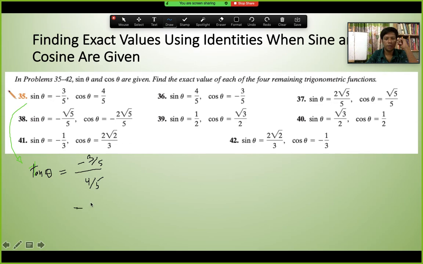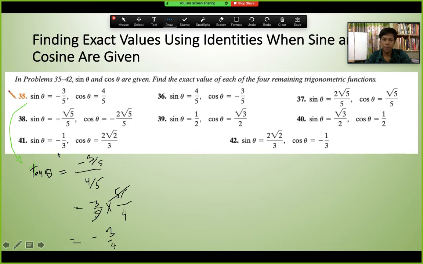Then we have minus 3 by 5 divided by 4 by 5. In multiplication form, 5 will go up, 4 will come down, and the 5 and 5 cancel out, so we have minus 3 divided by 4. This is our tan theta.